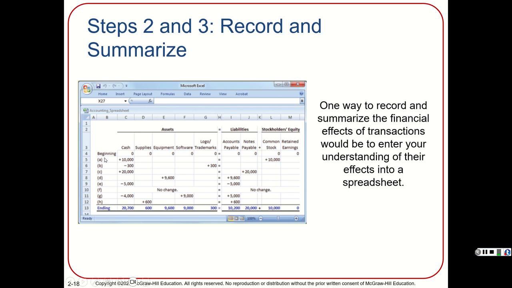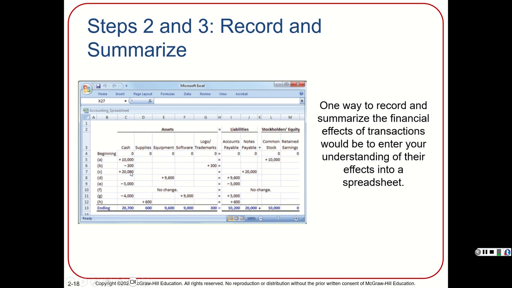So the first transaction, that's where we took in the stockholders' equity, our cash account increased, and our common stock increased. The $300, that's when we had paid for the logo. So our cash went down by $300 and our logo went up by $300.